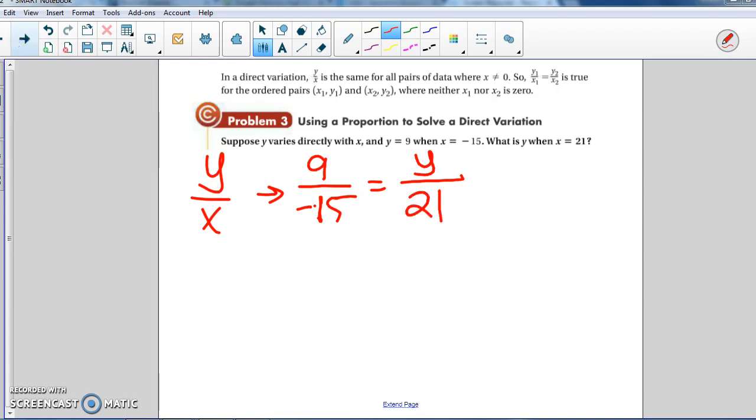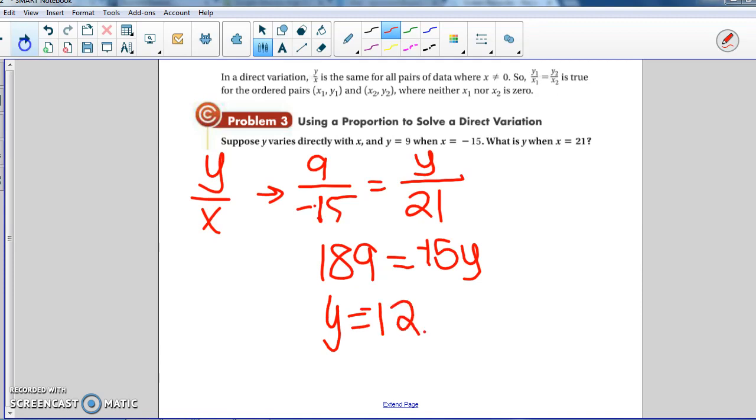Cross multiply. We get 189 is equal to negative 15y. Divide by negative 15. Y is equal to negative 12.6.